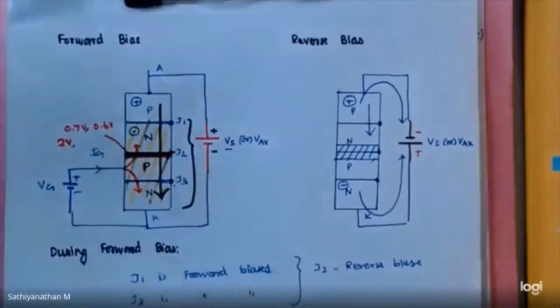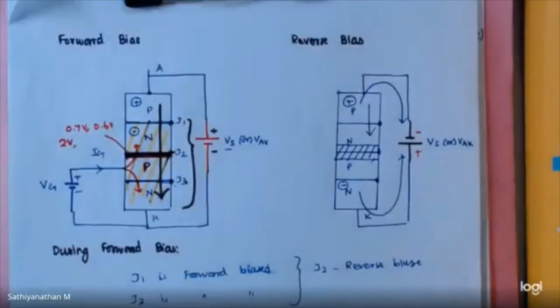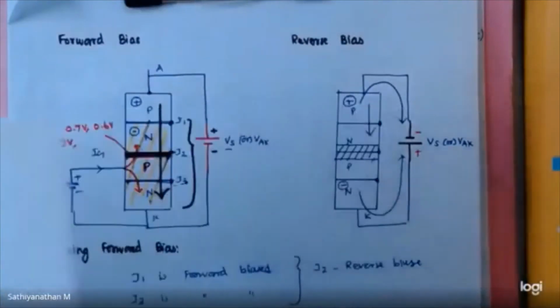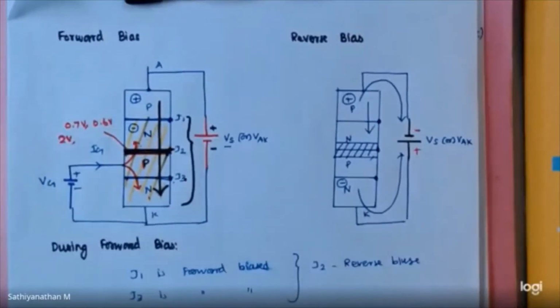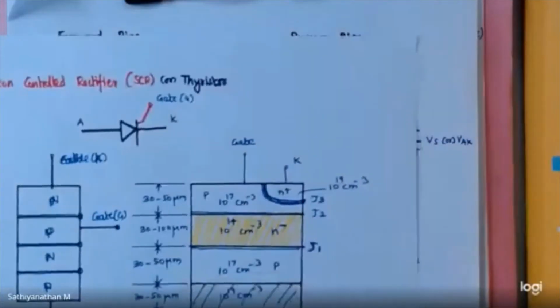Okay, once again I repeat, and then we get back to another topic, that is dynamic characteristics of an SCR. We start with the turn on dynamic characteristics, and next class we discuss the turn off characteristics. So far we discussed the structure.